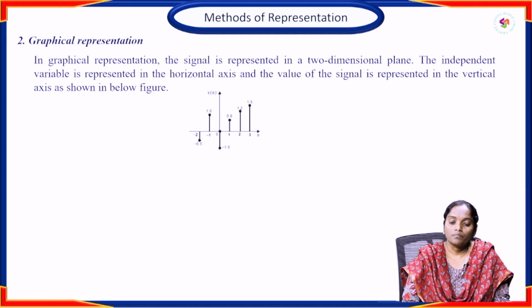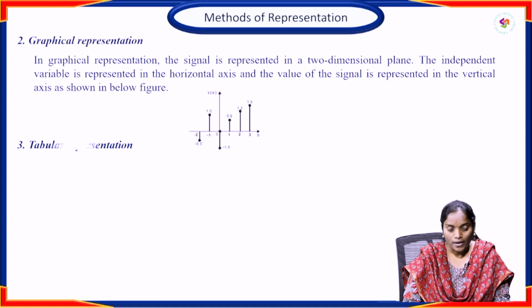At time index 0, the amplitude is minus 1, so I have drawn a sample towards the negative side. At time index 1, the amplitude is 0.6, so I have drawn a sample towards the positive. Like this, if you plot the graph, we say it is a graphical representation, where x indicates the independent variable, the time index n, and y indicates the amplitude of the signal x of n.